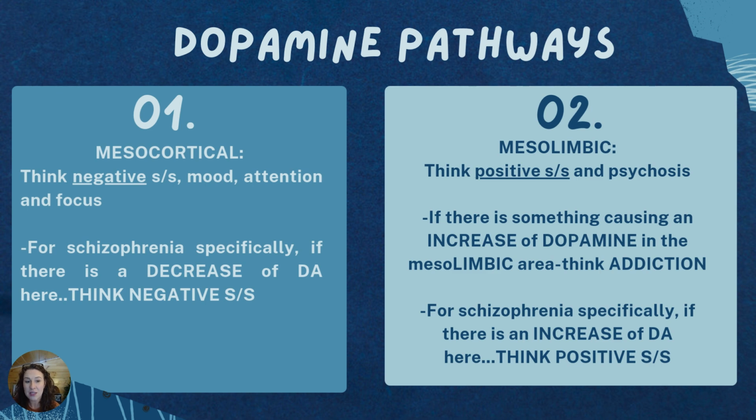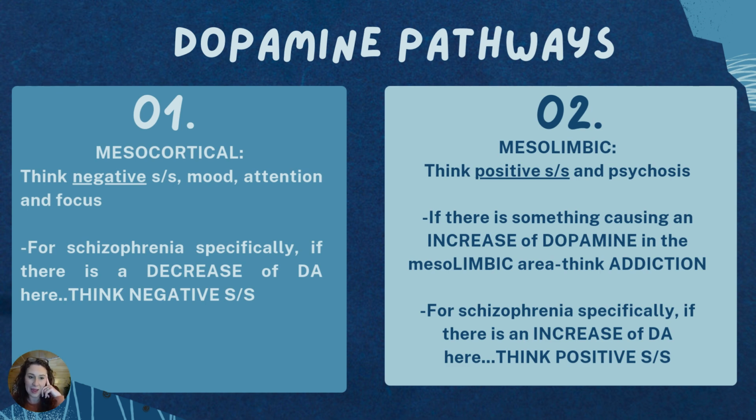If something is causing an increase in dopamine here, what do we think of when there's an increase in dopamine? Remember, increase of dopamine, positive signs and symptoms, delusions, hallucinations. Too much dopamine, we are getting positive symptoms. So that is very important for the exam purposes.